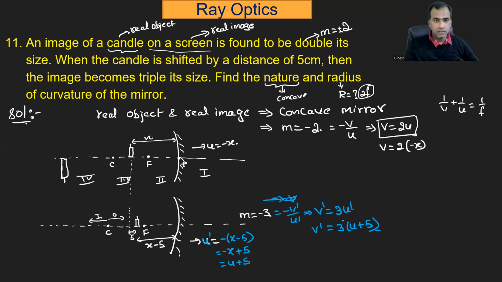What is the v dash here? It becomes triple the size. How to eliminate v dash?